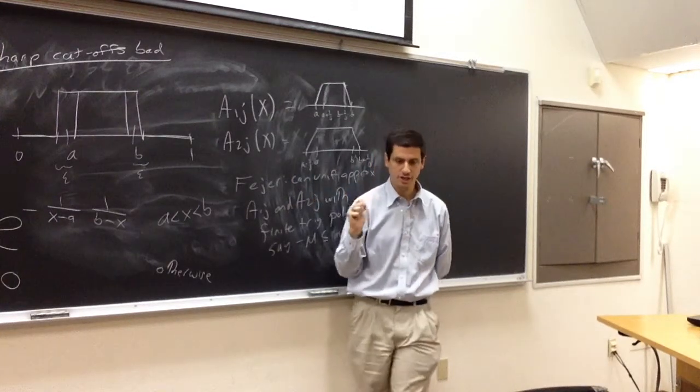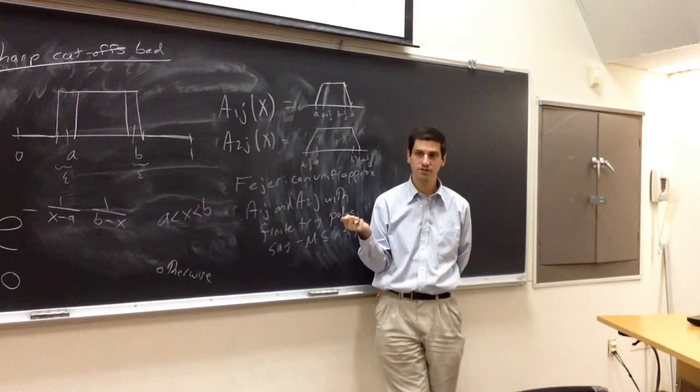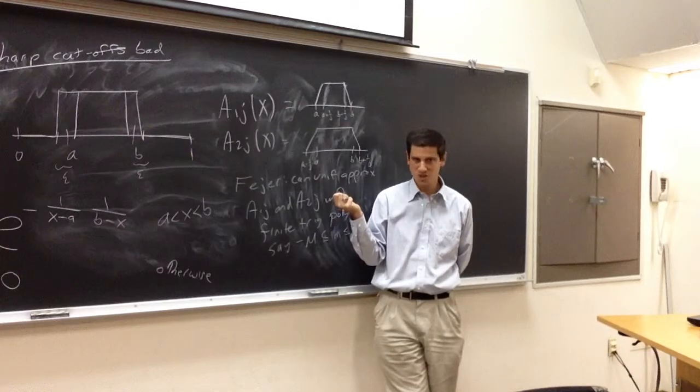Now the other question is, well, what if I just take the larger m? If I add more terms in my Fejér series, does the approximation get worse?